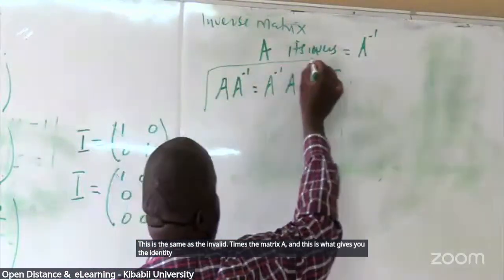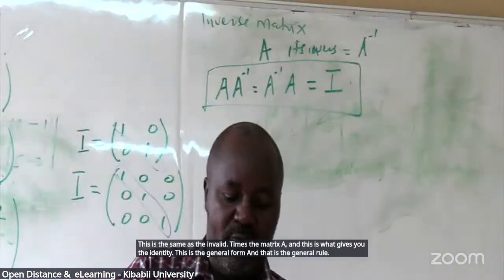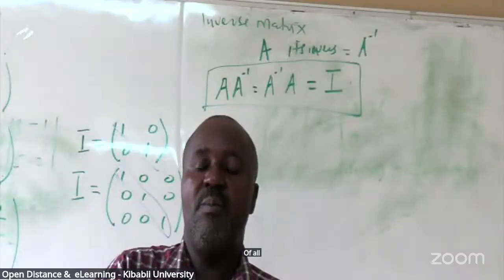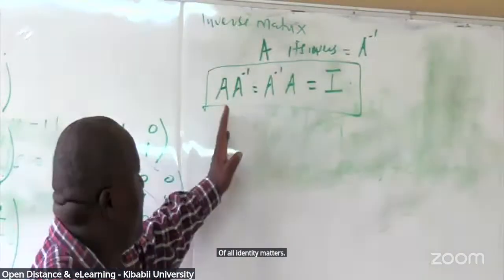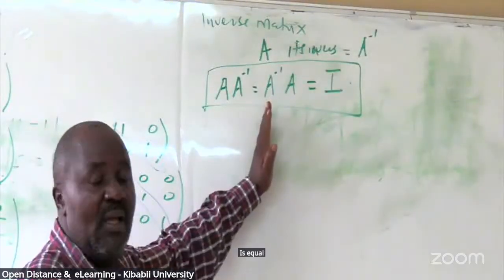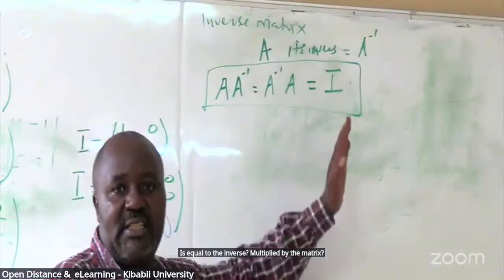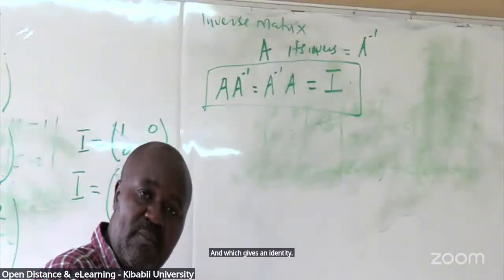This is the general form, and that is the general rule of identity matrix: that a matrix multiplied by its inverse is equal to the inverse multiplied by the matrix, and which gives an identity.